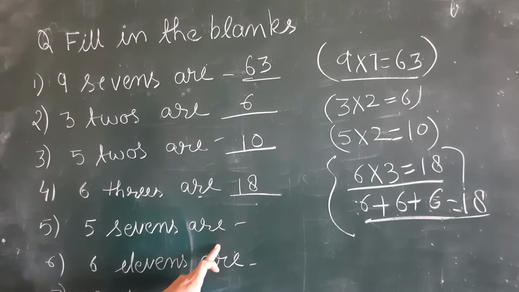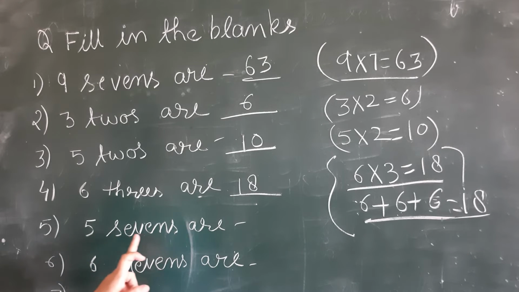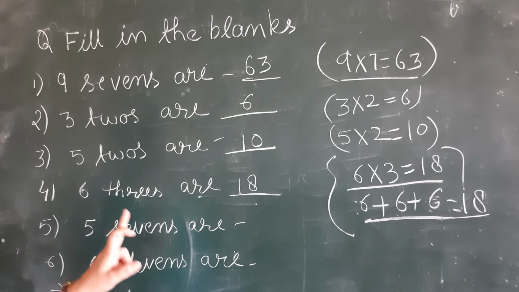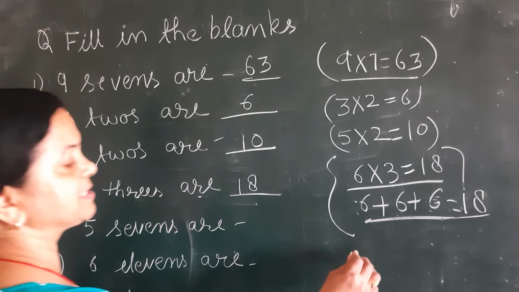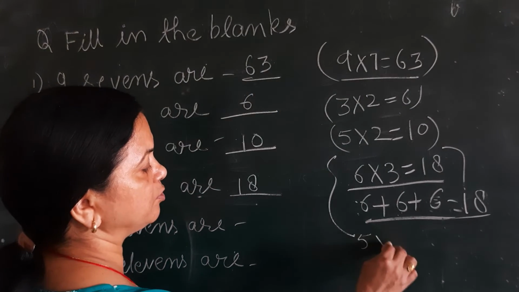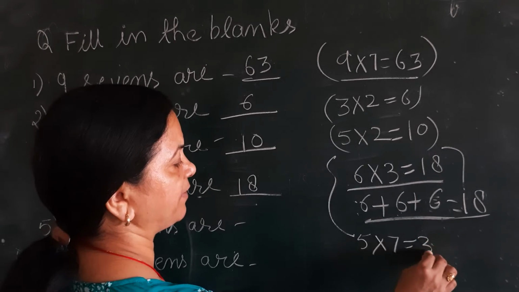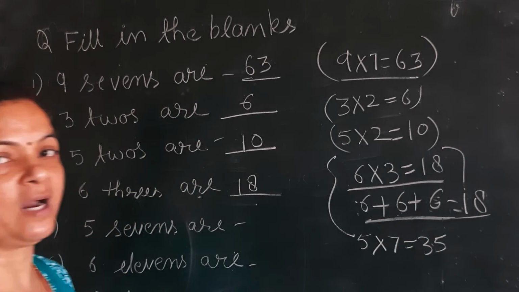5 7's are. Okay, student. We can write it in both the forms, multiplication form and addition form. In multiplication form, we will just multiply 5 into 7. 5 7's are 35. 5 into 7 is equal to 35. And in addition form, how will we write?